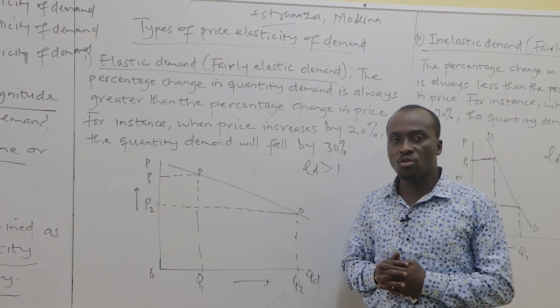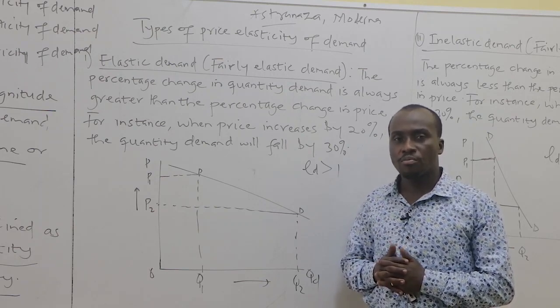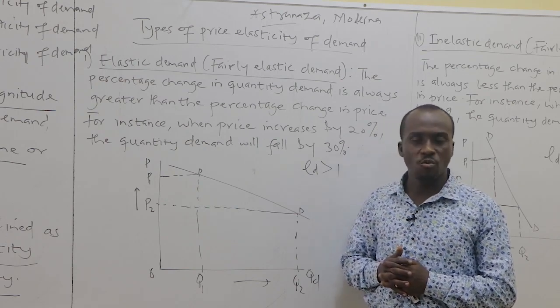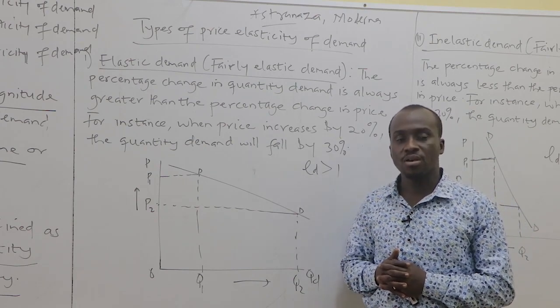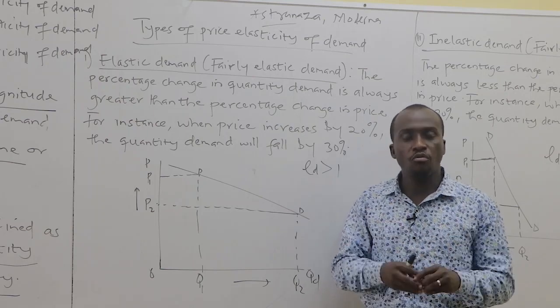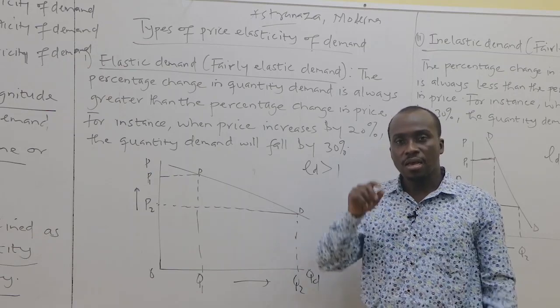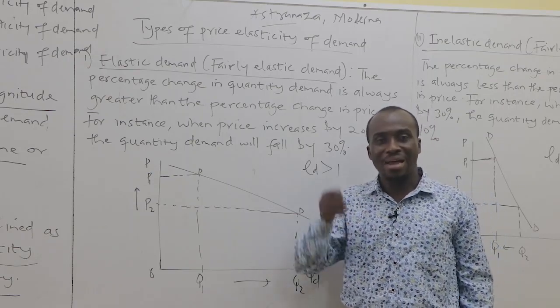In Ghana, for instance, we have Coke and Pepsi. About 4 or 5 years ago, the price of Coke increased from 1 cedi to 1 cedi 20 pesewas, while the price of Pepsi remained the same. And what happened was that a lot of people stopped buying Coke for programs and shifted to buy Pepsi, which tells you that the demand for Coke is very elastic.